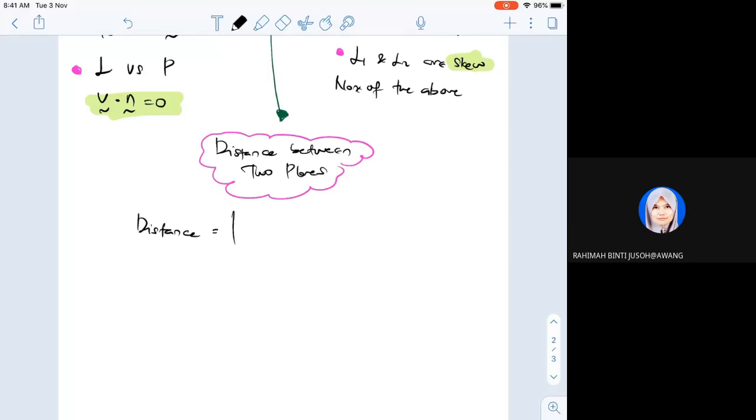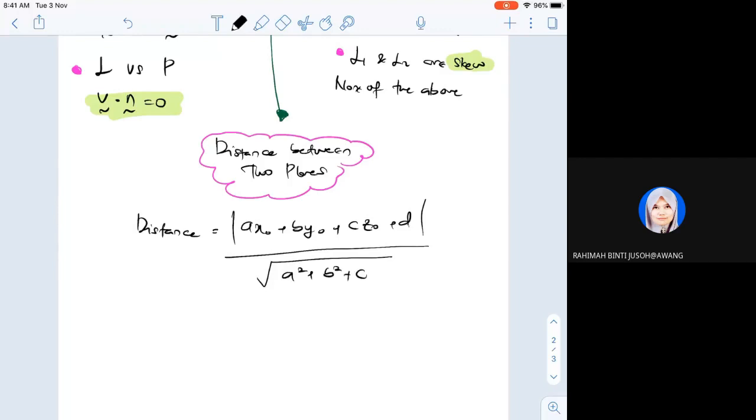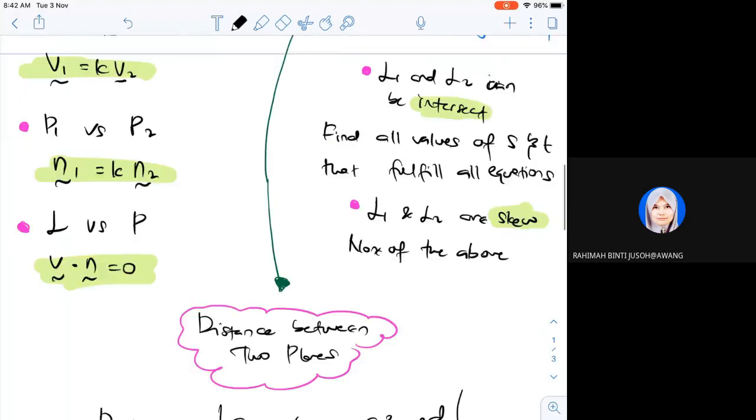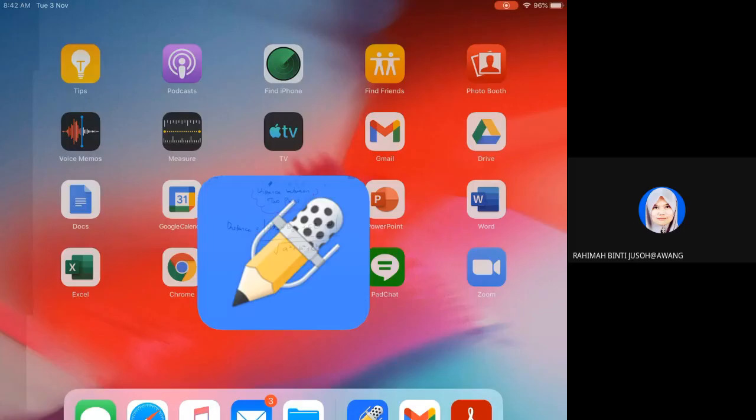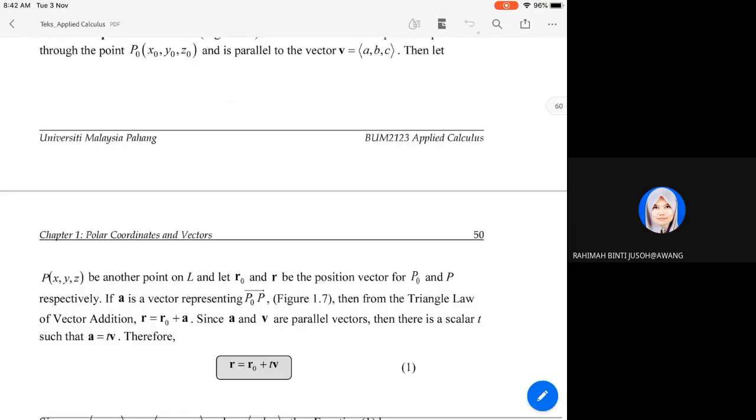Modulus of A x naught plus B y naught plus C z naught plus D, over square root of A squared plus B squared plus C squared. Okay, so that's the summary of this topic. So now let's take a look at exercise 1.4.